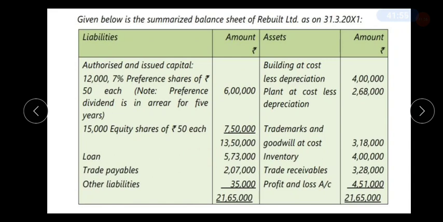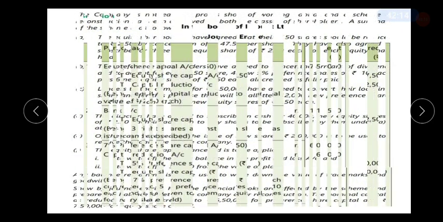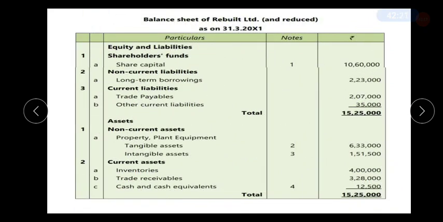So that means 3,50,000 loan is already settled. So you need to find out the balance now. 5,73,000 opening balance minus 3,50,000 already settled, and the remaining is here. So the remaining loan amount is directly written here. Long-term loan 2,23,000. 2,23,000 is the remaining amount.